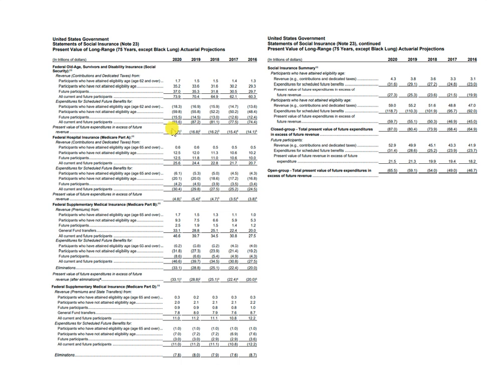So for the next 75 years, we're going to see a gap between their total expenditures and total revenues for the Social Security program. And similarly, we're going to see a gap for Medicare A, Medicare B, and Medicare C. So in fact, for all these programs, we expect to have more expenditures than revenues for the next 75 years.